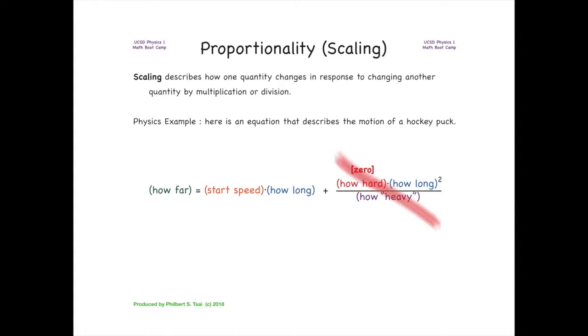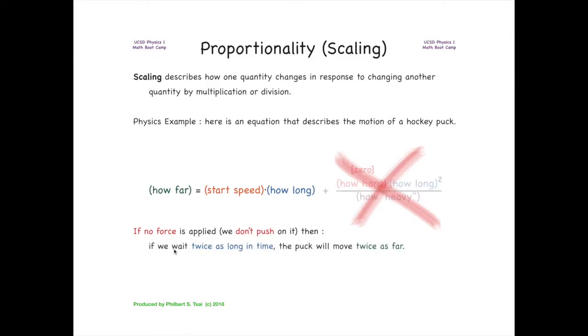Let's start by considering a scenario where we don't push the puck at all, but that it does have a starting speed at the beginning of the experiment. The equation then tells us that if we apply no force, then if we wait twice as long, making time our variable, then the puck will move twice as far if we keep the starting speed the same.